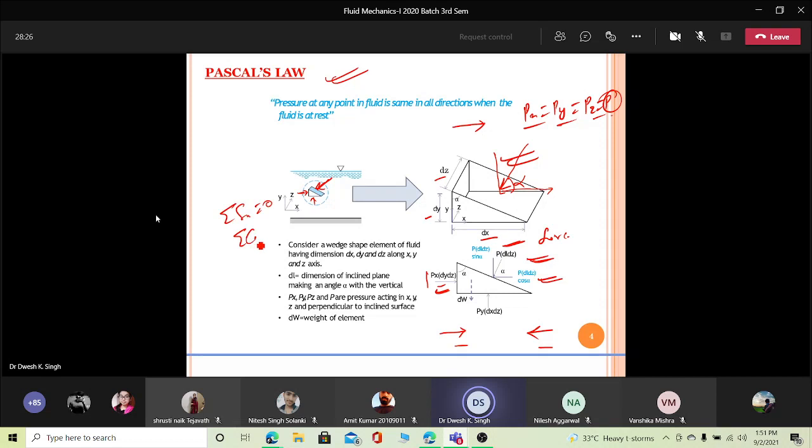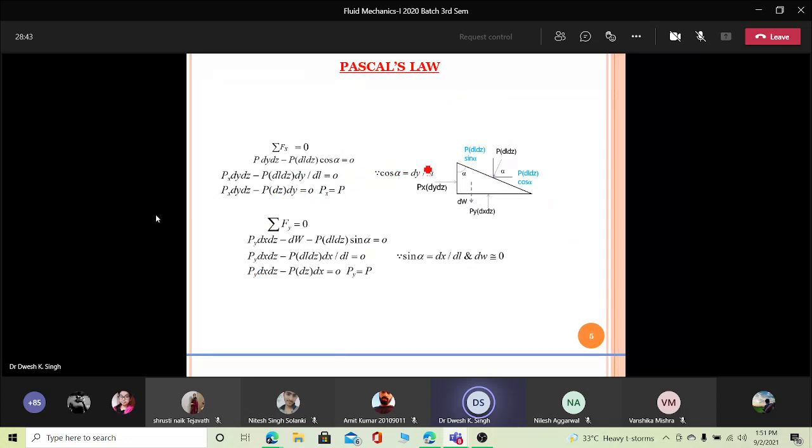I think all of you are familiar with this static condition. Obviously there is a weight of this element, but if you are considering a very small, light element, that weight is actually negligible here. So let us look at it here.